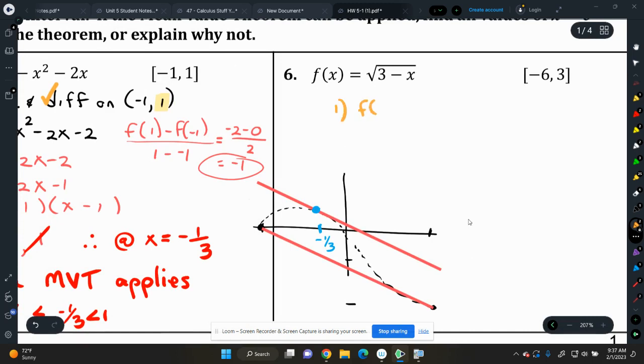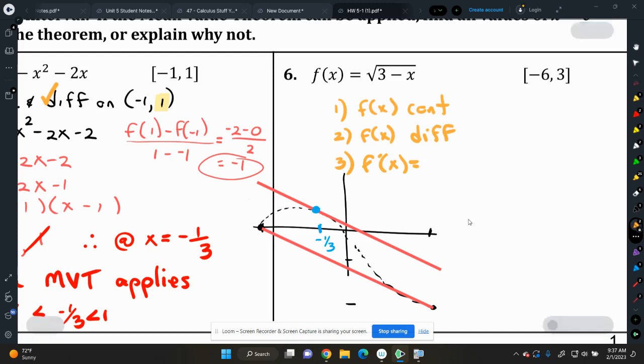If it's easier for you, you could do it in parts, right? Number 1, f of x is continuous. Number 2, f of x is differentiable. Number 3, f prime of c is equal to f of b minus f of a over b minus a.